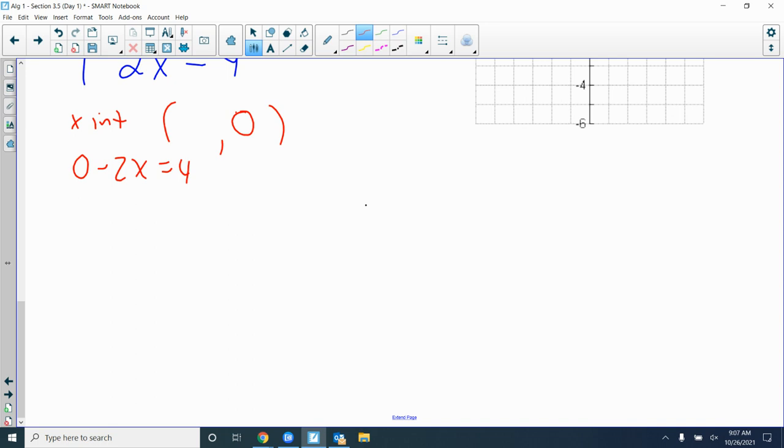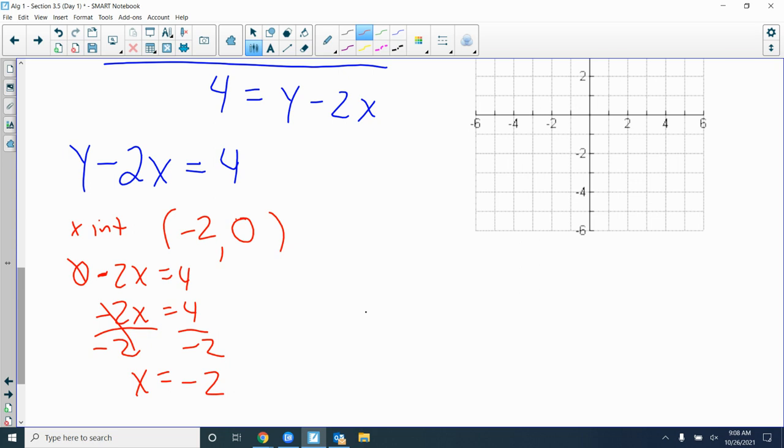That goes away. Already got it set up pretty good. What can you do to get x by itself? There you go. What's x equal? So what's my x-intercept? It's a location. It's negative 2 what? Negative 2, 0. Negative 2, 0.